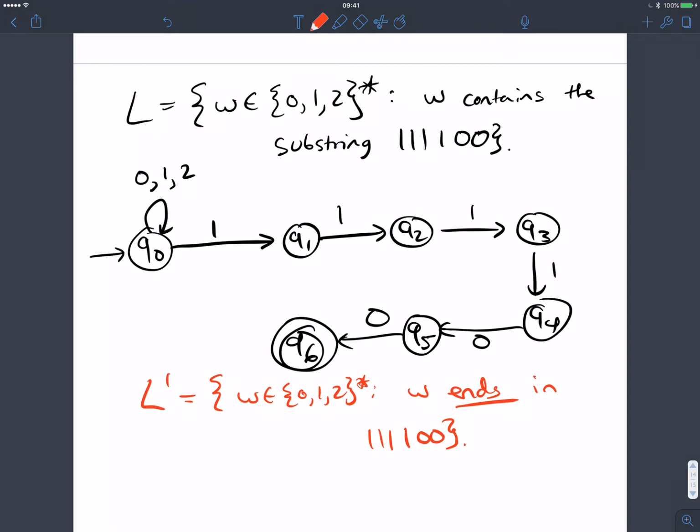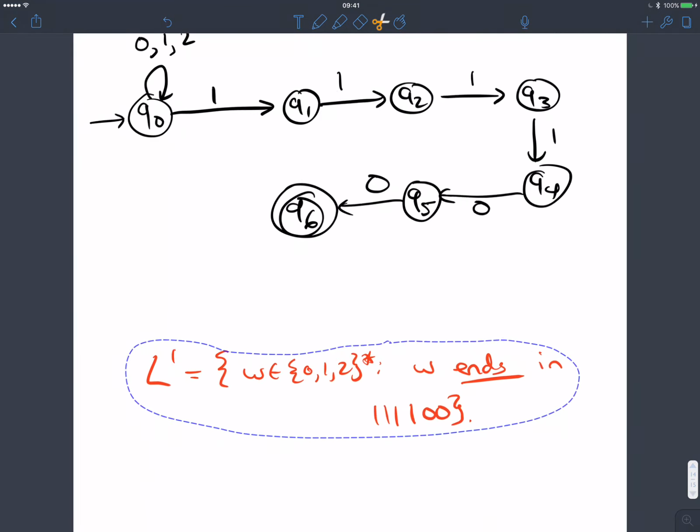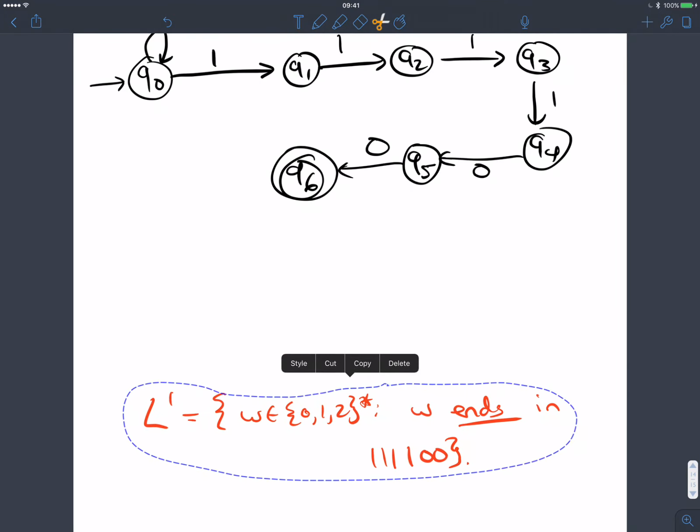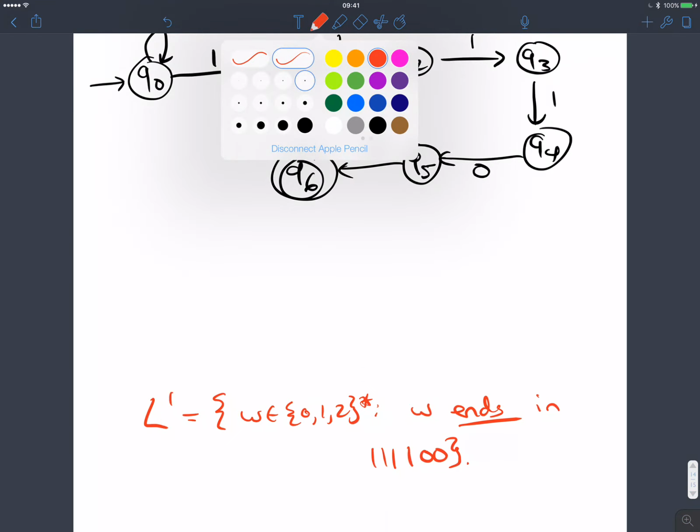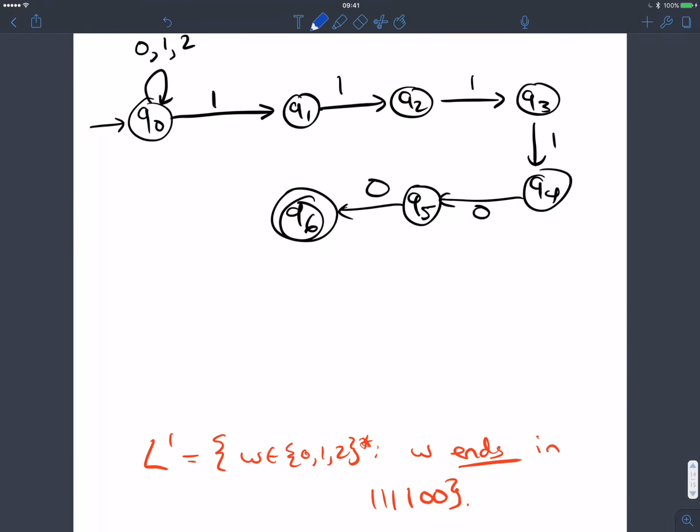Because it may be the case, so let's trace through the computation. That's a great question. Glad you brought it up. So let's move this down. Let's trace through a computation of, I'll use a different color, because I'm patriotic. Let's see, 0, 1, 2, 1, 1, 1, 1, 0, 0, 2.